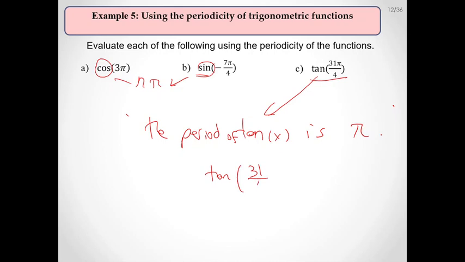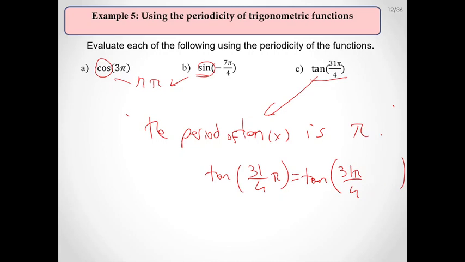This means I can subtract multiples of pi, and it will give us the same thing. So the value of tangent can be found by subtracting some pi here, but how many pi's would be good?